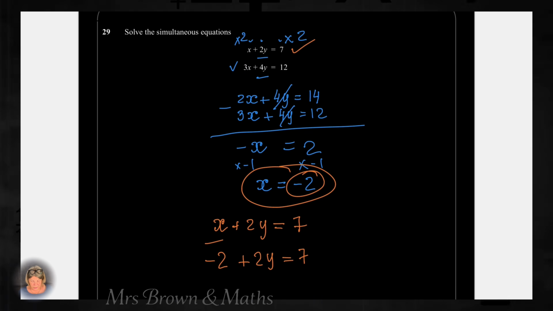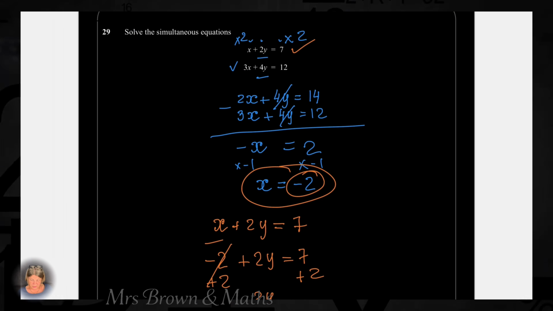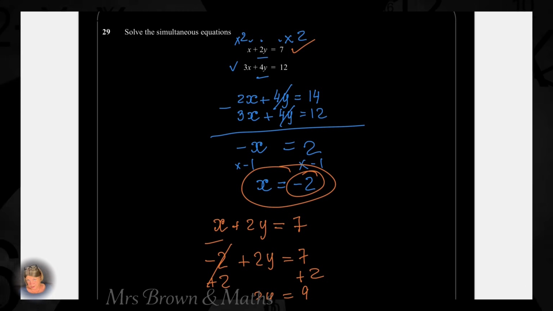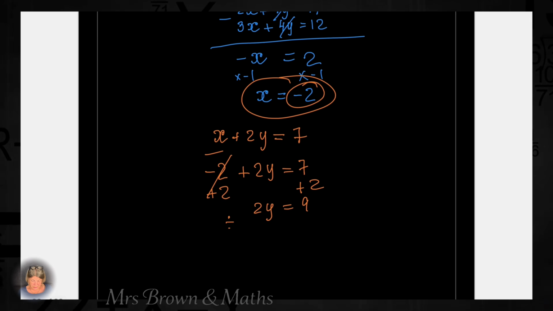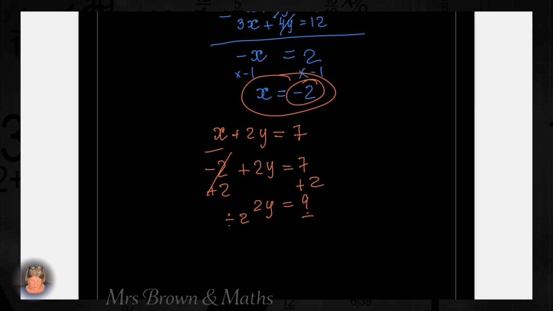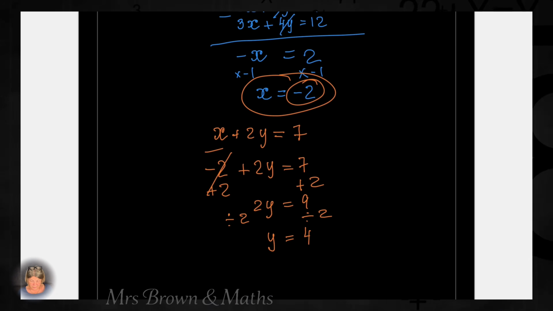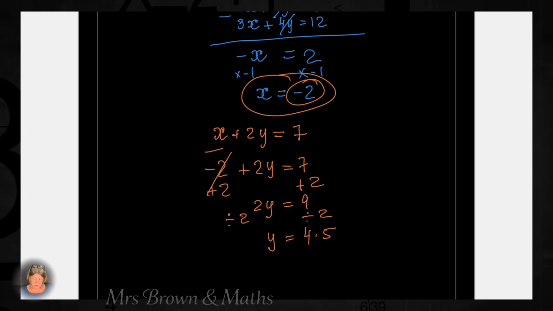So minus 2, the opposite is plus 2, and do it both sides. Cancel. 2y equals 9. 2y means times, so the opposite is divide. Divide by 2 both sides. And 2 divided by 2 is 1, so y equals 4.5.